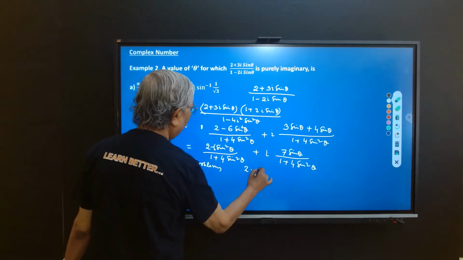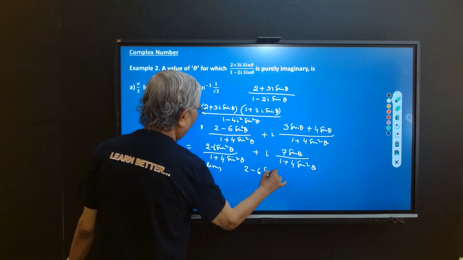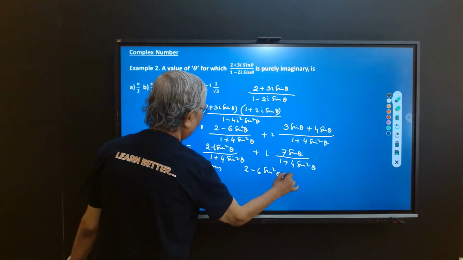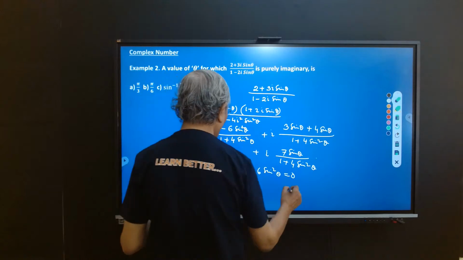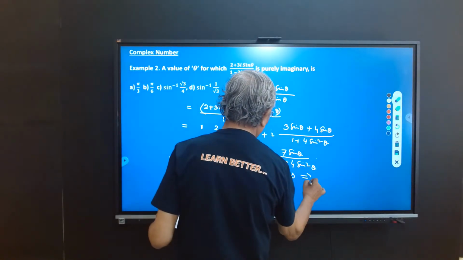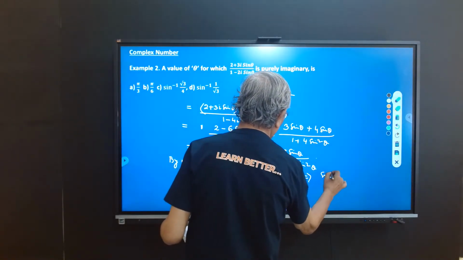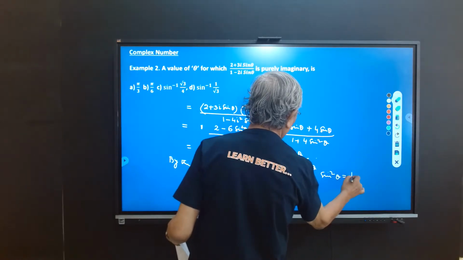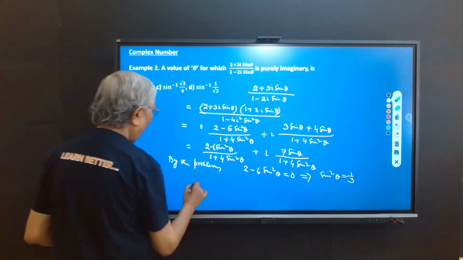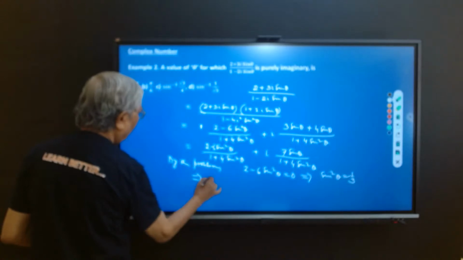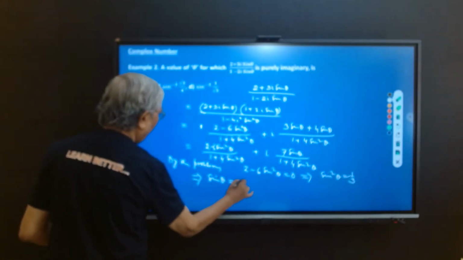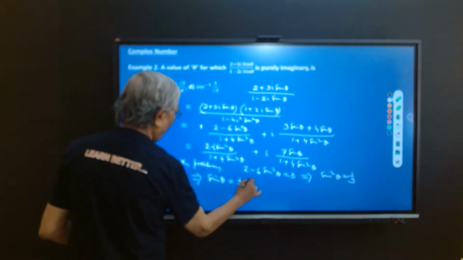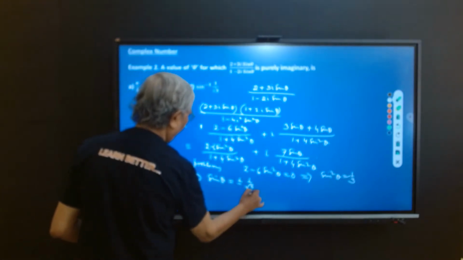So 2 minus 6 sin square theta equals 0. This will imply sin square theta equals 1/3. This will imply sin theta equals plus or minus 1 by root 3.